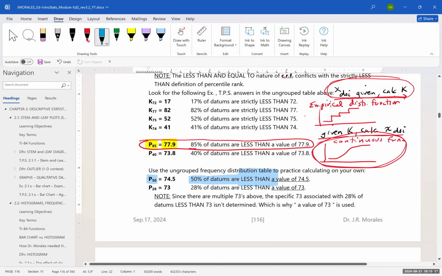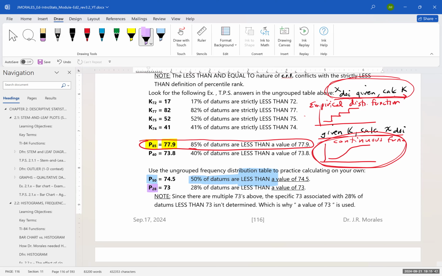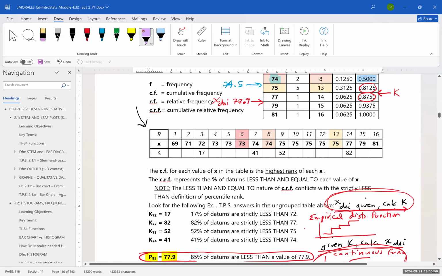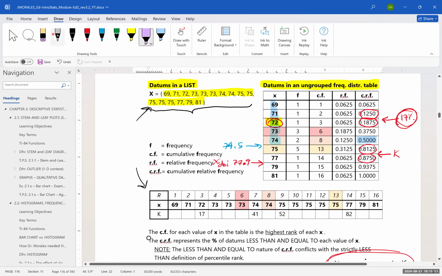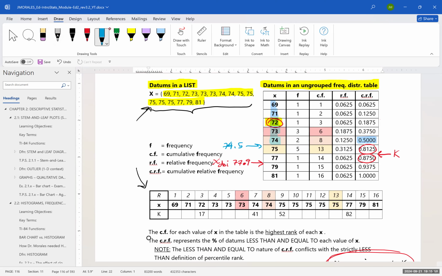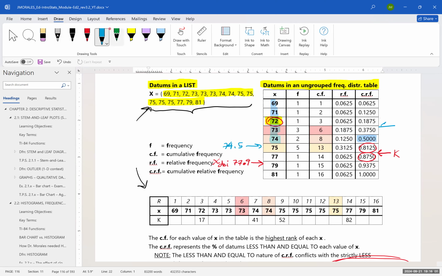If we look at the 28th percentile, we're looking for the spot where 28% of the datums are less than a given value. Let's find out where 28% would be. So 28% would be located right here. So 28% would be between 18.75 and 37.5. And so that 28% would be some value of 73.